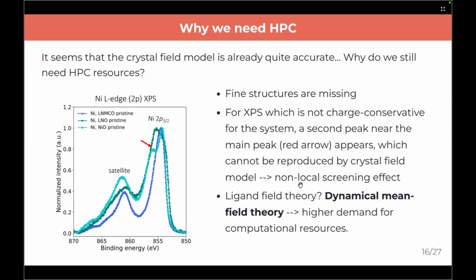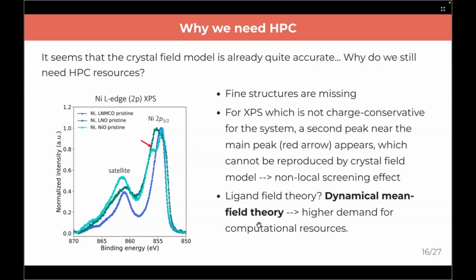That is, if you consider the charge transfer from the neighboring nickel and also from the ligand to the nickel atom, then you can capture this very fine feature that appears in the spectroscopy.